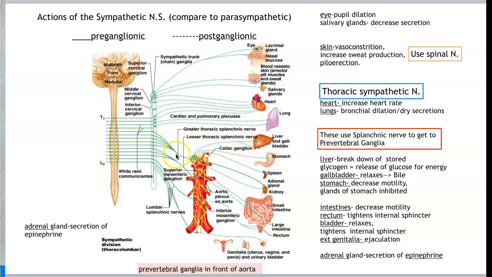The only one that's not postganglionic, because it's a single motor neuron pathway, is the one going to the adrenal glands. So I know this seems like a lot, but it's not really. It's just 4 pathways. Just do one pathway at a time and then move to the next one.